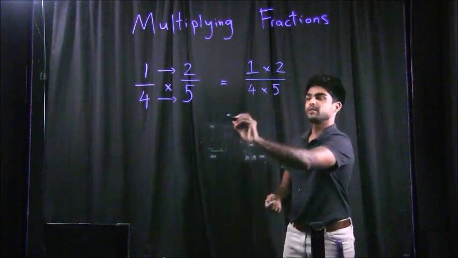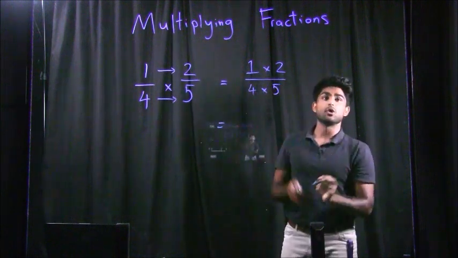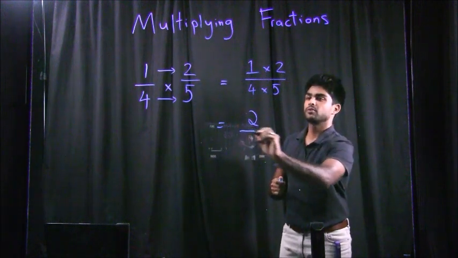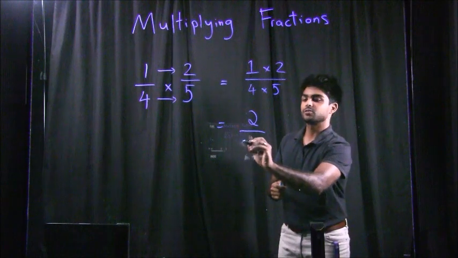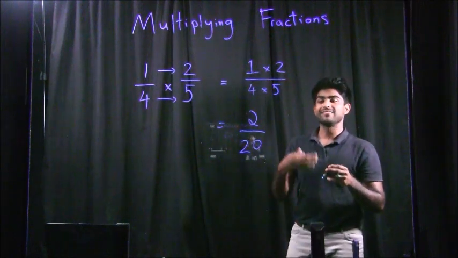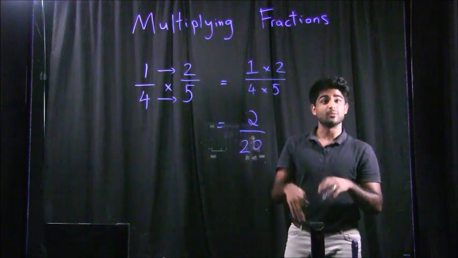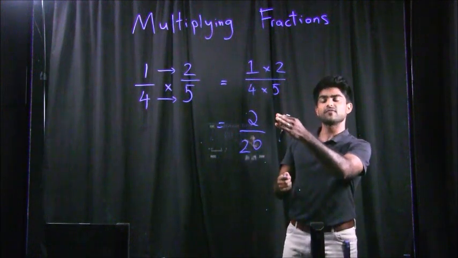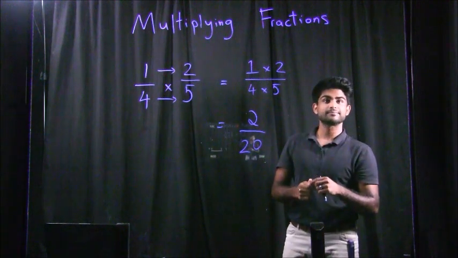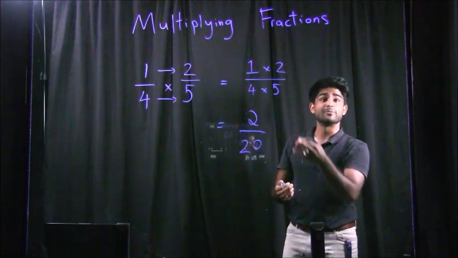And then very simply what we do is we solve for the top and the bottom. 1 times 2 is 2, 4 times 5 is 20. Now when we reach this point, what we can then do is simplify this fraction, and we actually need to do that. So we need to figure out what number we can divide 2 and 20 by. And if you think about it, that number is just 2.